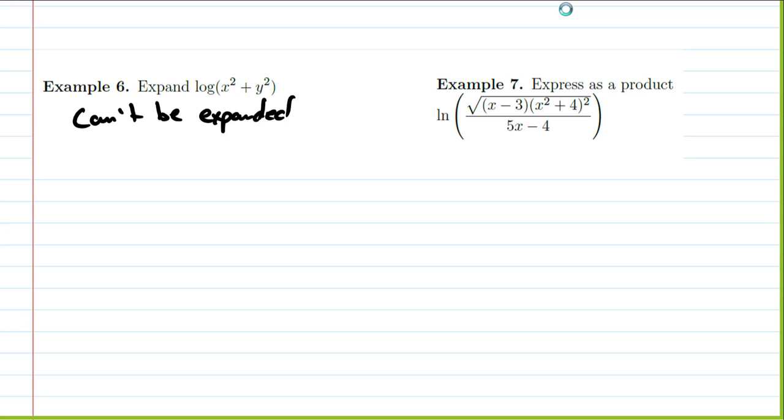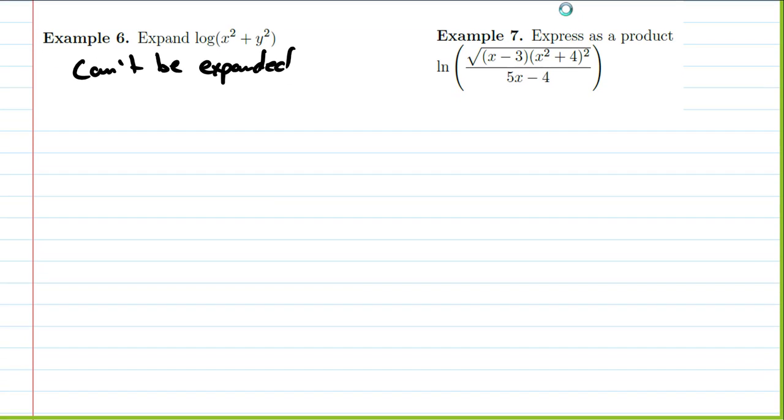All right, let's take a look at example 7. We want to write this as a product. So the first thing we need to observe is our fractional exponent. So we have a square root in the numerator.